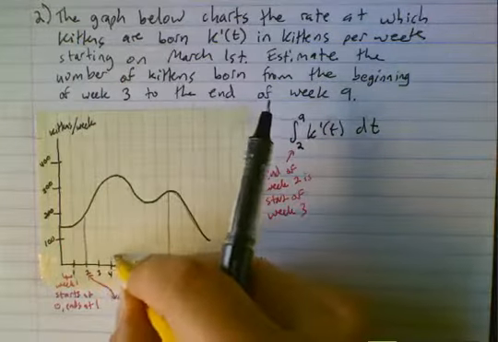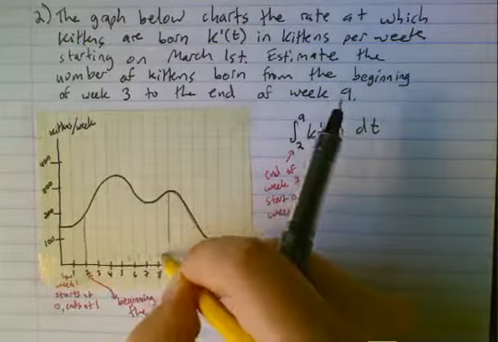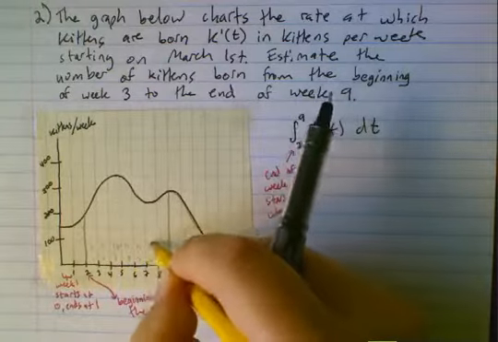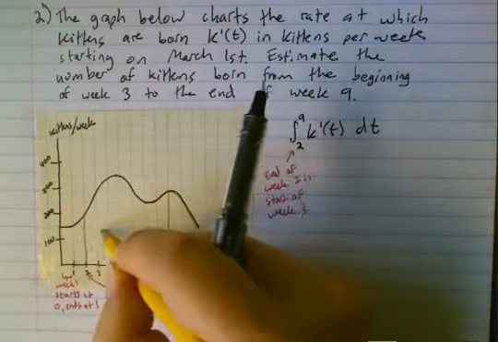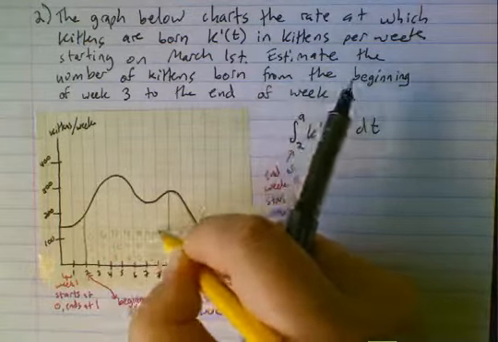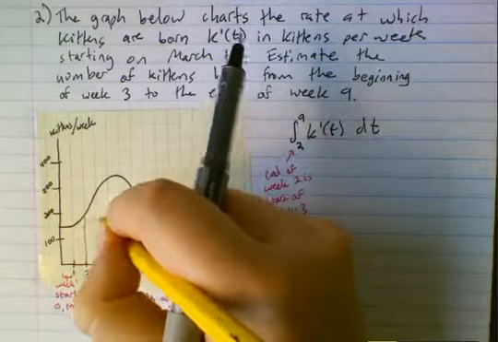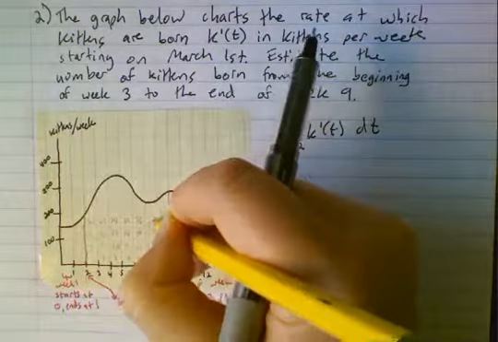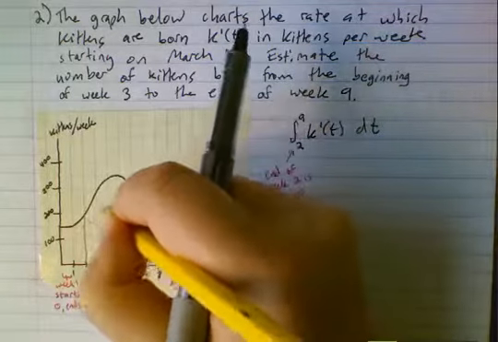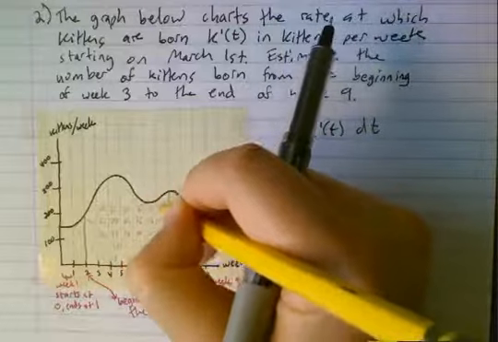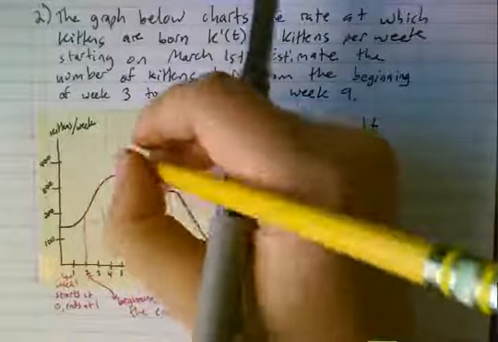So 1, 2, 3, 4, 5, 6, 7, 8, 9, 10, 11, 12, 13, 14, 15, 16, 17, 18, 19, 20, 21, 22, 23, 24, 25, 26, 27, 28, 29, 30, 31, 32, 33, 34.